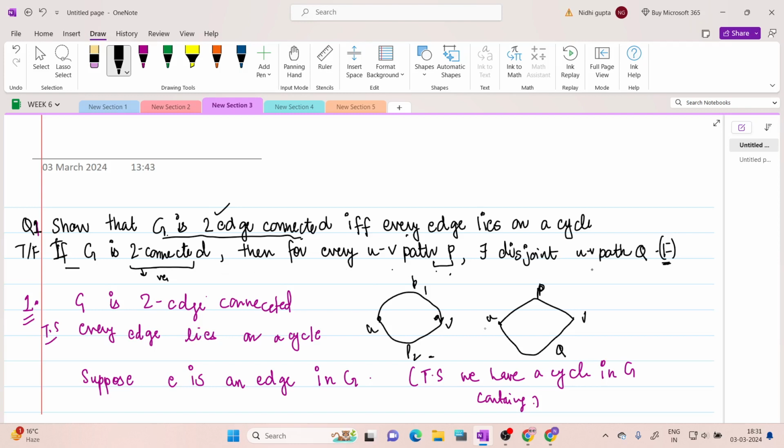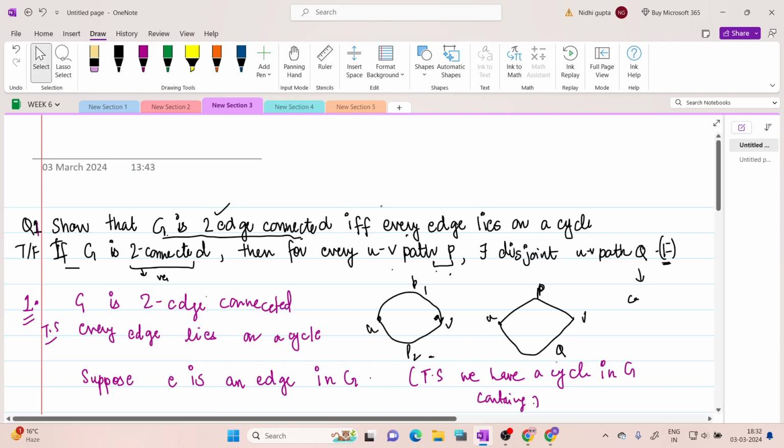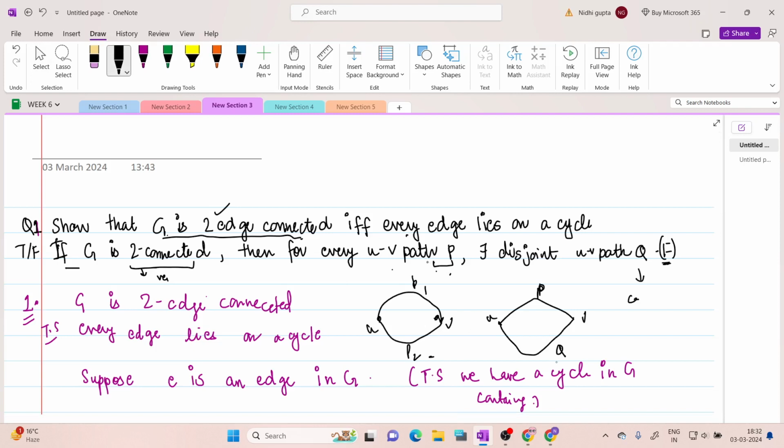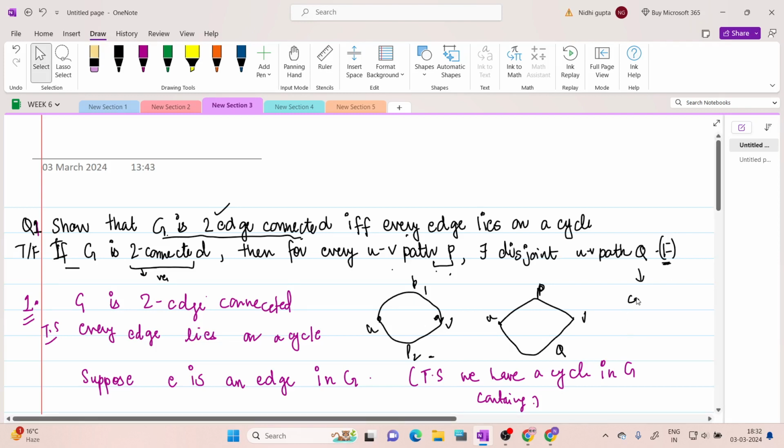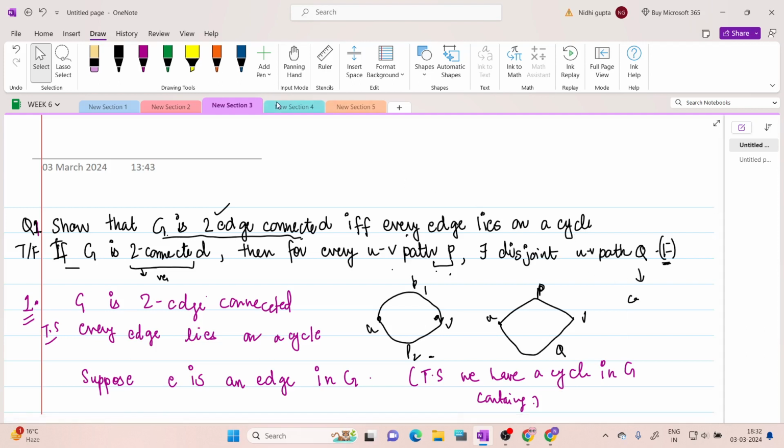You can see why it should not be true, because our definition is saying that we are getting two disjoint paths, but it is not saying that if we are given a path, so it does not follow from the definition, but we still have to give a counter example. So let's leave the counter example for now and move on to the next. We'll discuss this next time.